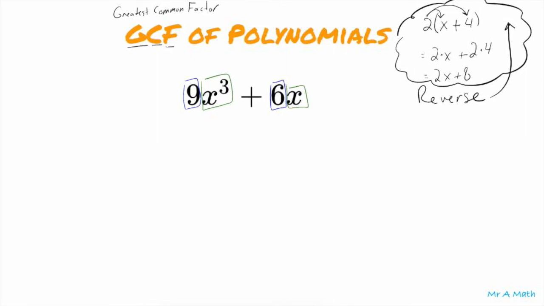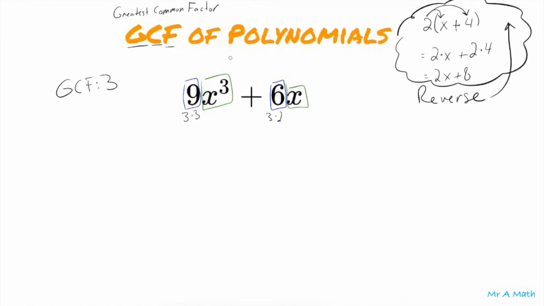So if I want to do this, my GCF, I need to figure out what it is first. And so what do 9 and 6 have in common? Well, 9 and 6, they both have 3 in common. Let's see, is there a greater number? No, because 9 is 3 times 3 and 6 is 3 times 2. So these both just have a 3 in common. Those are the greatest common factors. So it's going to be a 3.